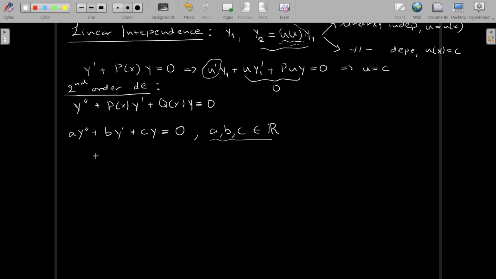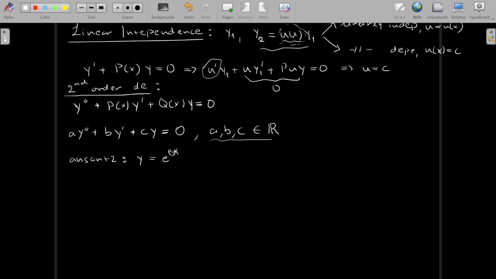Now, an ansatz, which is an educated guess, could be of the form, you guessed it, e to the rx, because this is a function that, regardless of how many times you differentiate it, is going to be the same and is going to drop from every term.